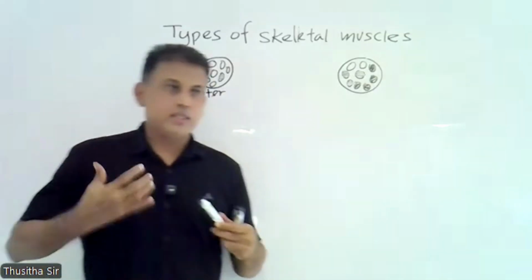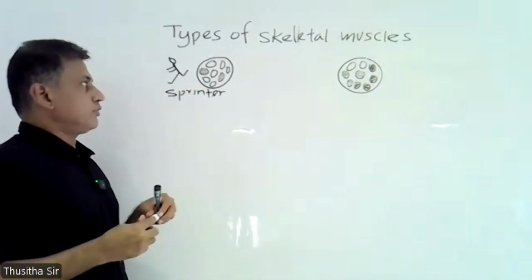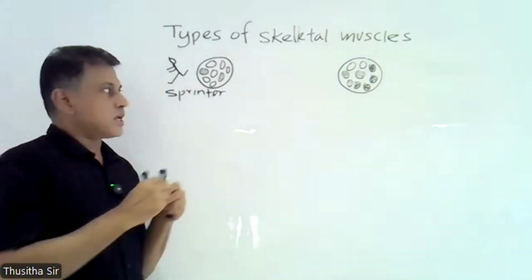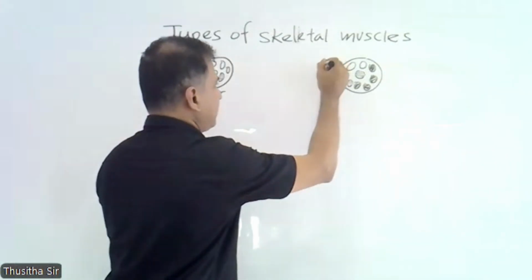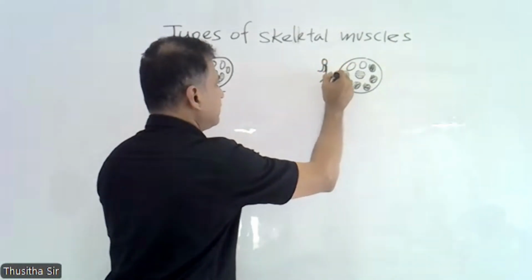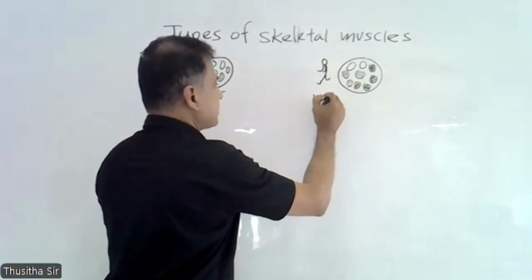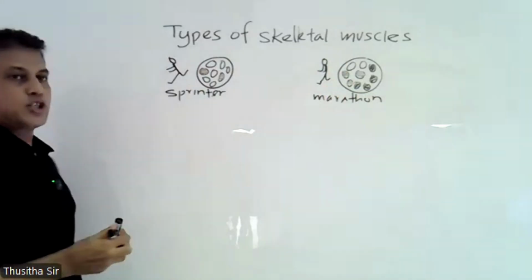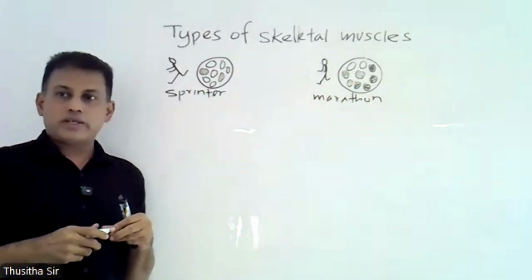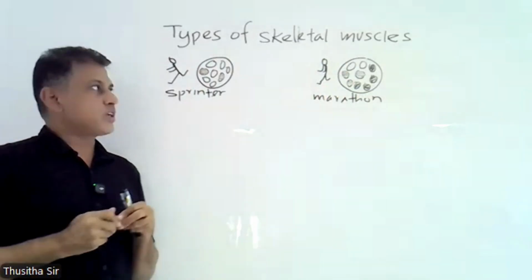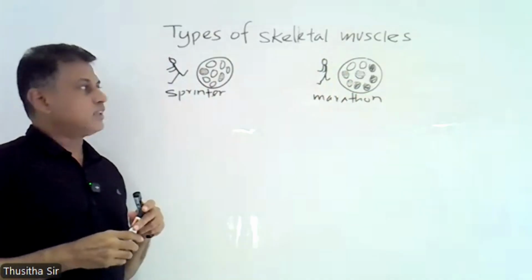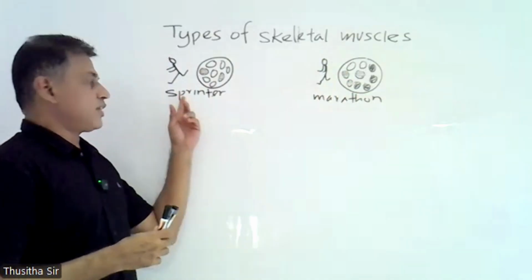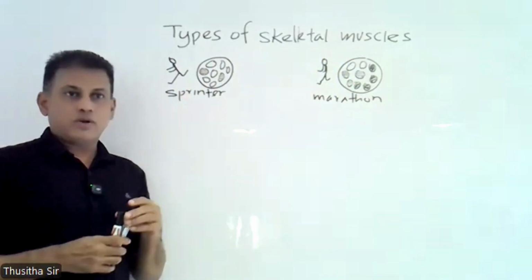So usually he has to finish the task within a short time, but the person who is doing marathons is running very slowly. I don't know how slow it is, but depending on the marathon, still we can understand they are very fast and they are quite slow.